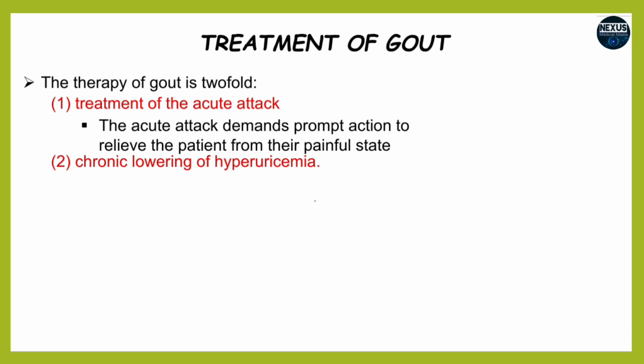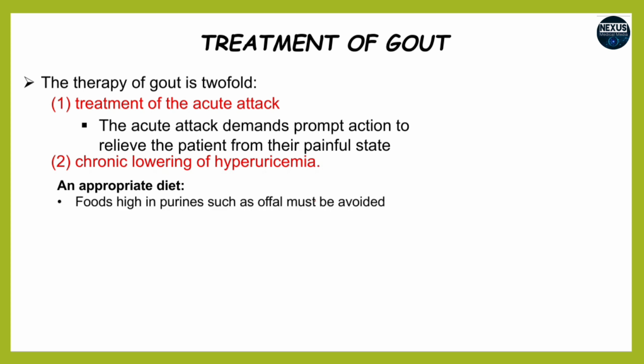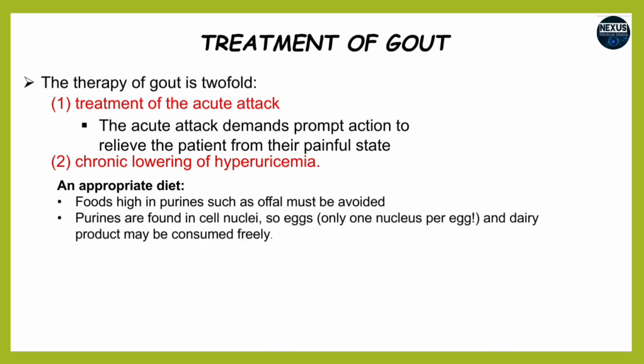Chronic lowering of hyperuricemia has 3 steps. First one is appropriate diet, right? So foods high in purines such as offals must be avoided. Purines are found in cell nuclei, so eggs and dairy products may be consumed freely.